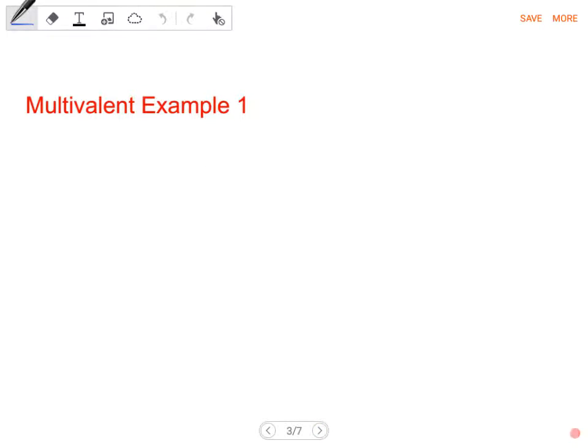All right, we'll take a fairly easy example. Let's look at copper. Now, copper is multivalent. Copper, of course, has an atomic number of 29. If you look at copper, I'll try to draw it up here. It says 29 right there, and then it has a 2 plus and a 1 plus.